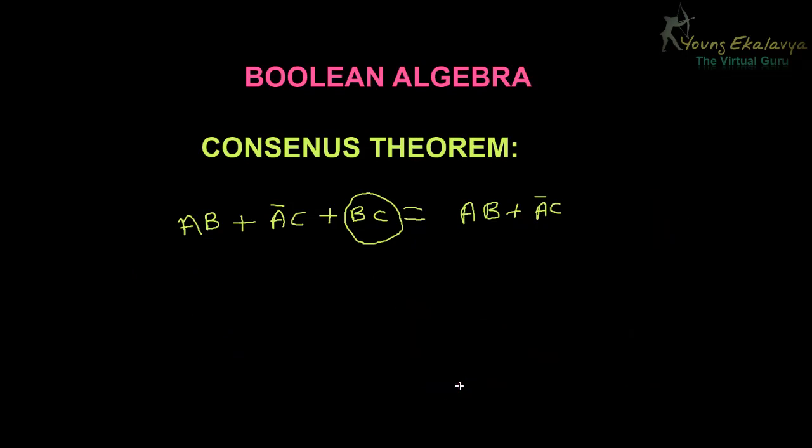We'll do it. So what do we have now? We are going to take AB common, this one is the first one, and next we are going to take A bar C as common.